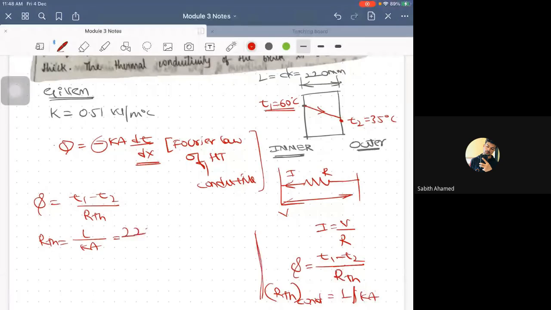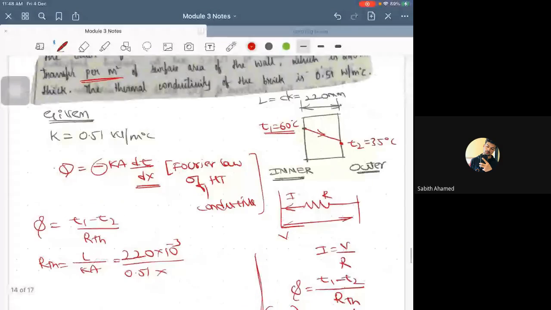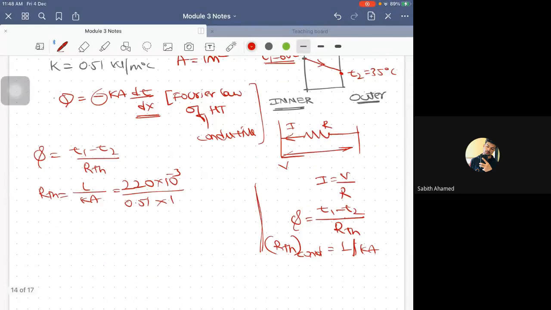L is 220 mm, so substituting in meters, it is 220 times 10 to the power of minus 3. K value is 0.51 watt per meter degree Celsius, no need to change it. The question asks us to calculate per meter square, so I would assume A to be 1 meter square, so it is 1. Thereby you can calculate R thermal.